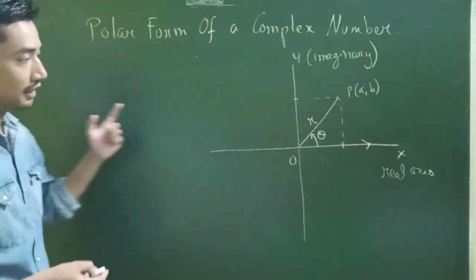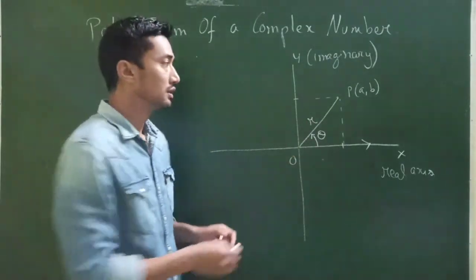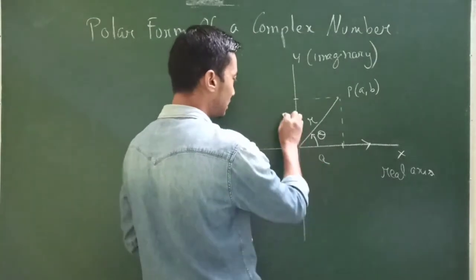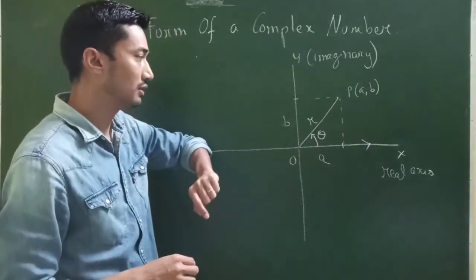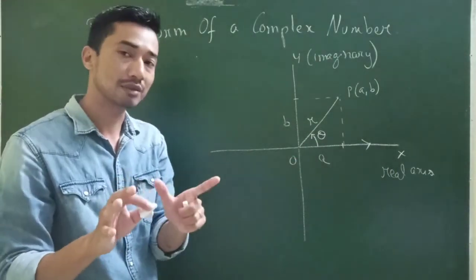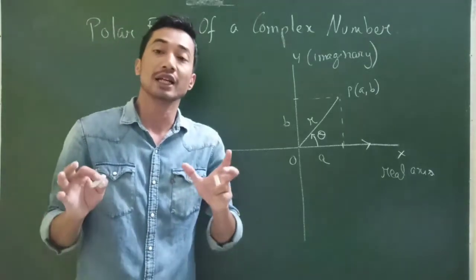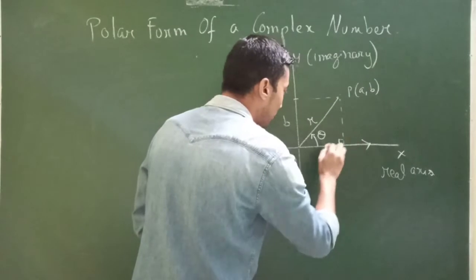Can we find out the value of r? As we have seen, this was the distance A, this was the distance B. Using this, can we find out the value of r, using simple, normal conceptual mathematics? Definitely, because this is a perpendicular drawn.